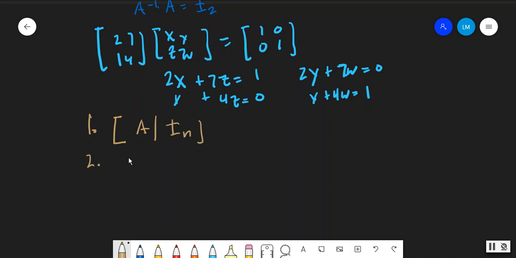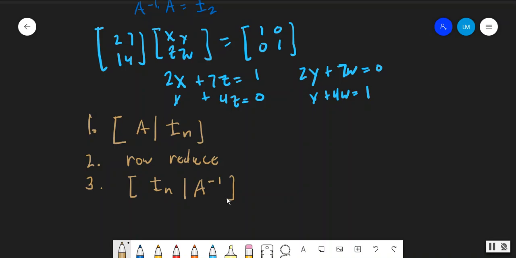The second step is that you would row reduce. After doing that, the augmented matrix has the inverse of that matrix A now appearing on the left side.